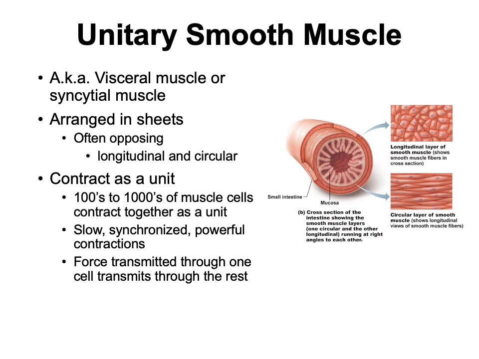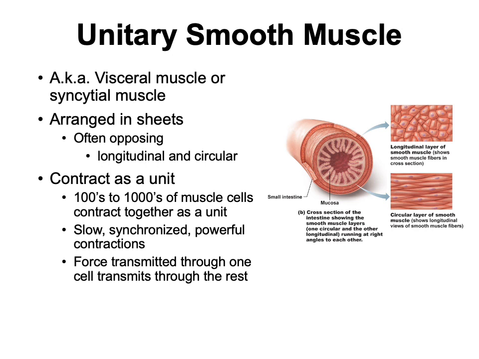Unitary smooth muscle is also known as visceral muscle or syncytial muscle because it contracts as one unit. It is arranged in sheets, often opposing directions, as the example shows on the right of the intestines. We have longitudinal arrangement and circular arrangement. They go in opposite directions.